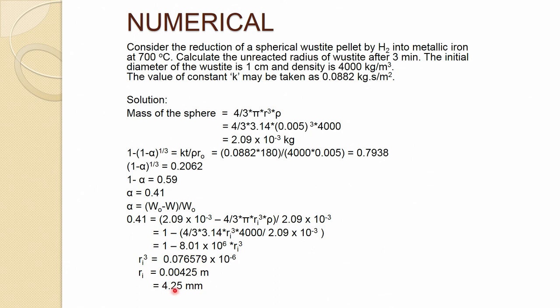So, a 4.25 millimeter radius would be there of the unreacted Wurtzite after 3 minutes, which means almost 1.5 millimeter of the diameter has been reacted and formed iron. So, this gives you an idea of how one can calculate the various parameters or obtain the unreacted radius of the pellets.